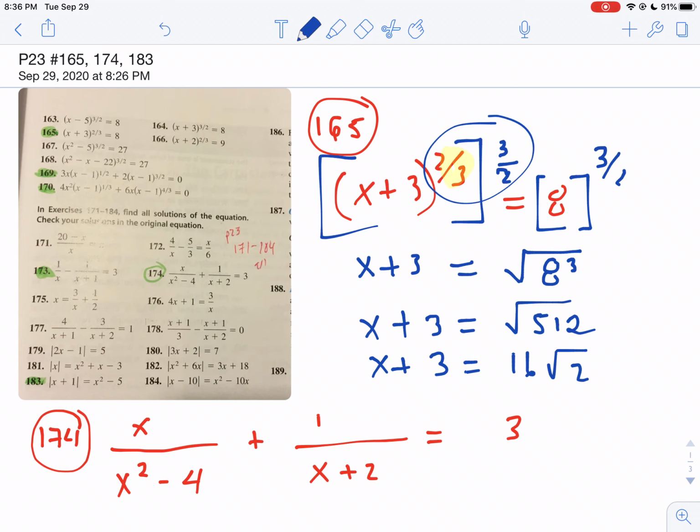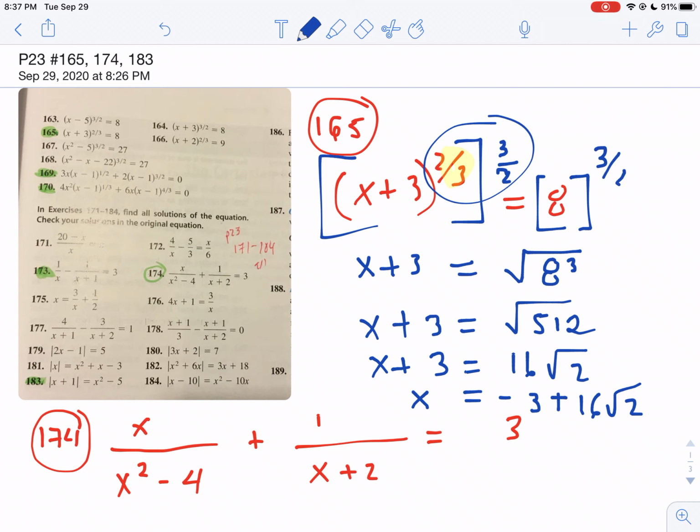Okay, let's see, what else do I need to do here? All right, so then I am going to move the 3 over. So I should have minus 3, and then I have a plus 16 radical 2. All right, so that's the answer that I have.